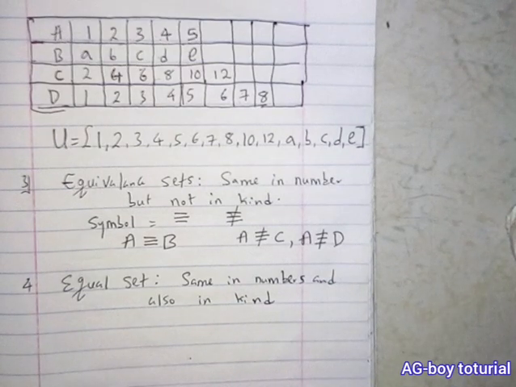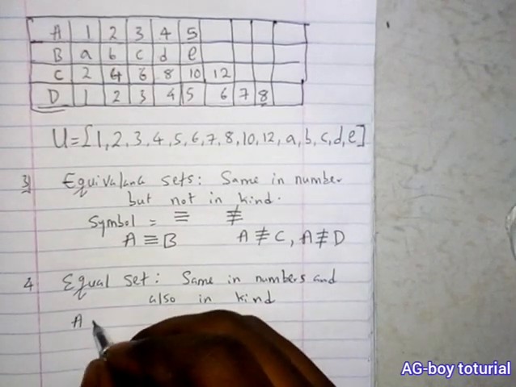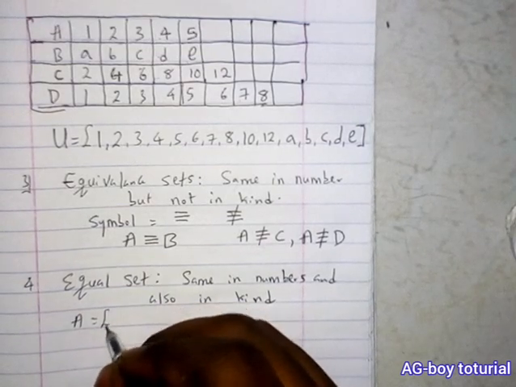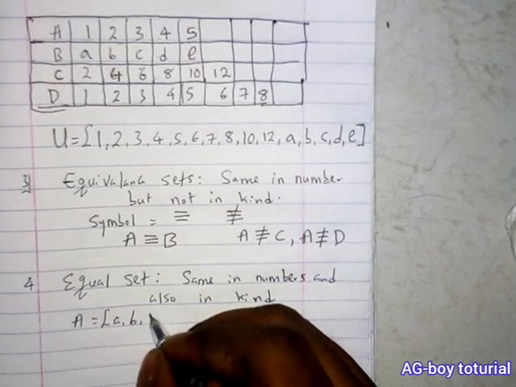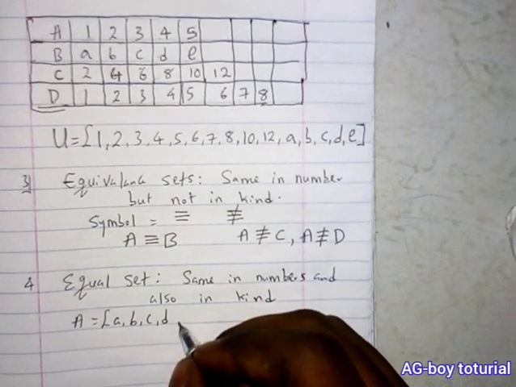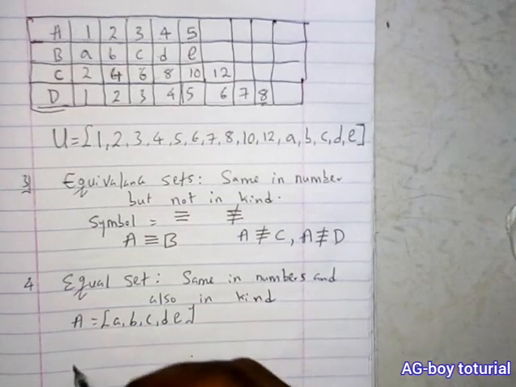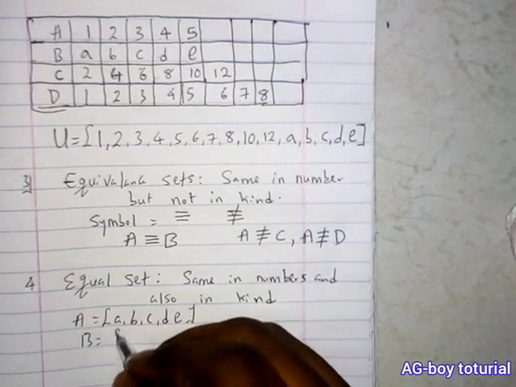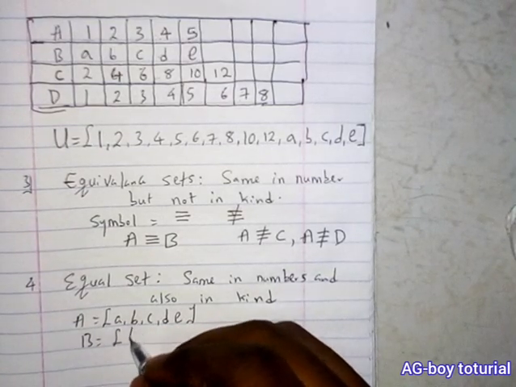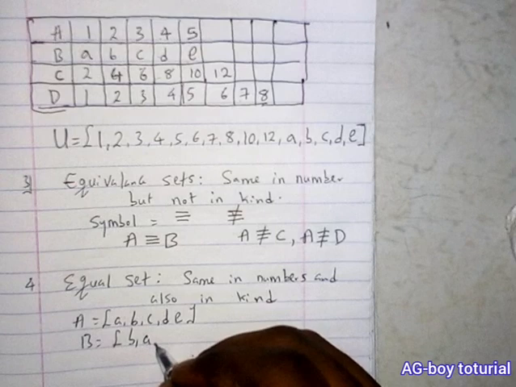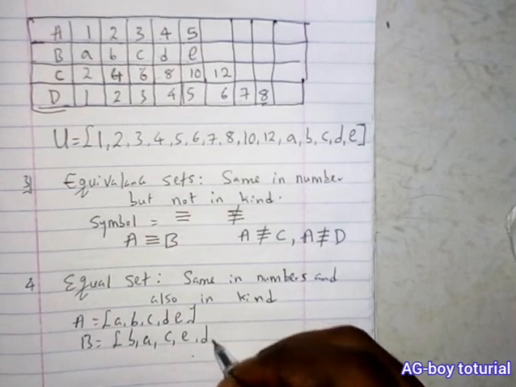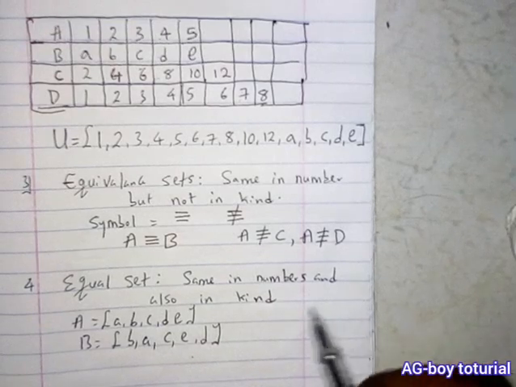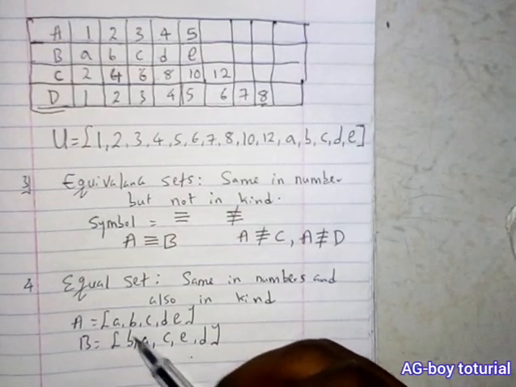For instance, let A be A, B, C, D, and E. Then my B will be B, A, C, E, and then D. All right. Now, if you look at these two, I have A here and also have A here.